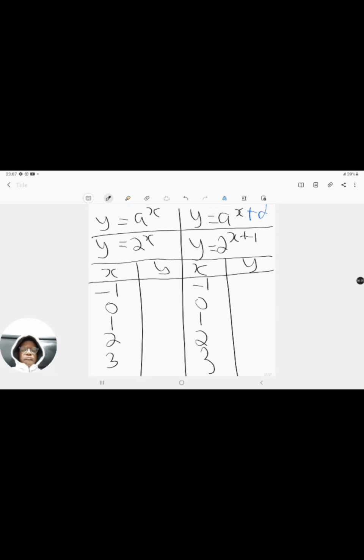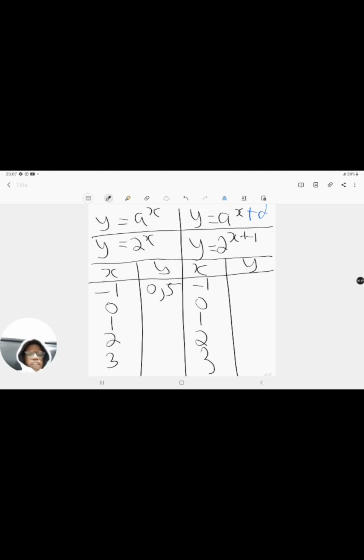If I start with x equal to -1 and substitute it into each of these equations, I will get 2 to the power of -1. Instead of x, I write in the value of x. So that's 2 to the power of -1, which we all know is equal to half.